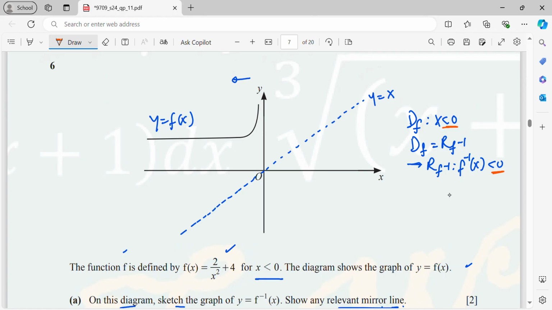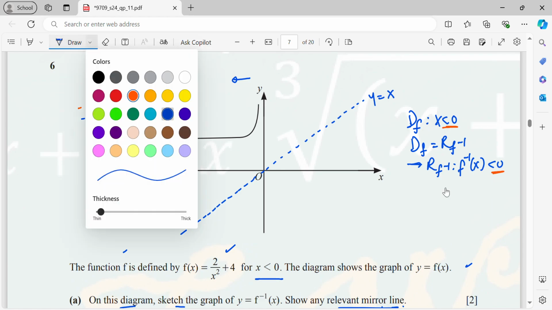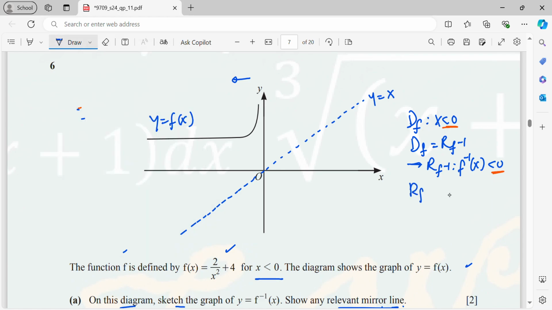Okay, and then from here you can just do the reflection. Actually, it is a reflection. So this y value, you can check, the range of f. Let's say this is a, going up at least a. So f(x) is at least a.